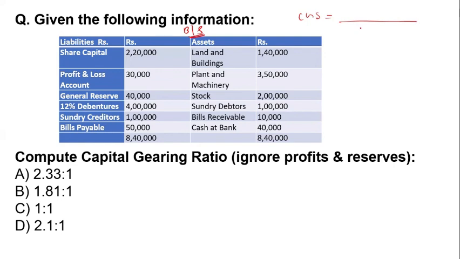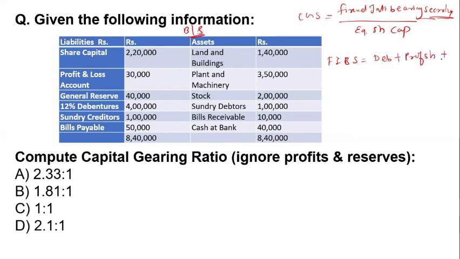The equity shareholders' capital in relation to the fixed interest bearing securities. And what are the fixed interest bearing securities? The fixed interest bearing securities are debentures, plus preference shares, since a preference shareholder gets a fixed amount of dividend.